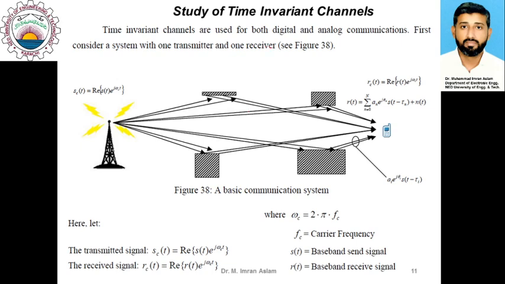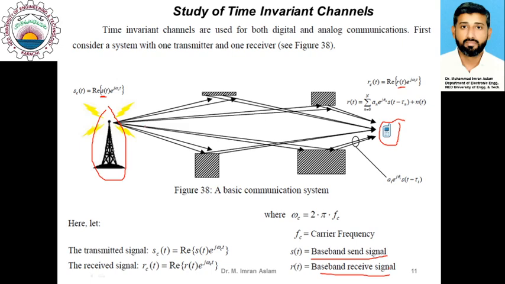So we start our discussion on time invariant channels. For example, we have a time invariant channel where a base station is transmitting a signal and a mobile station is receiving that signal. This s(t) represents the baseband transmitted signal, and this r(t) represents the baseband received signal.